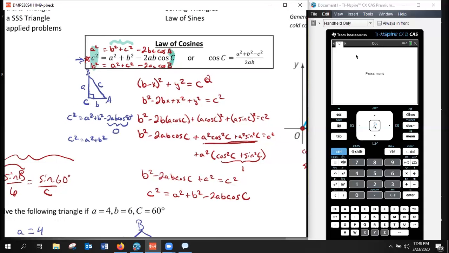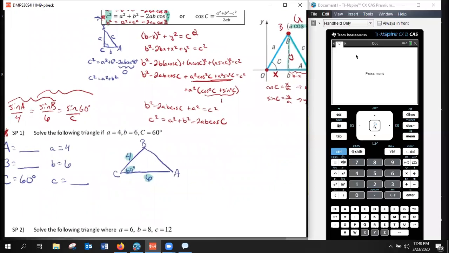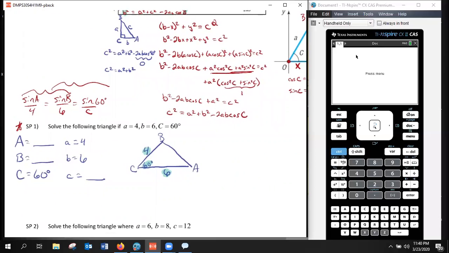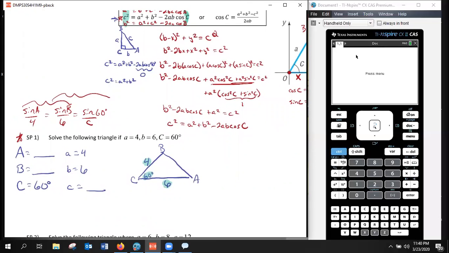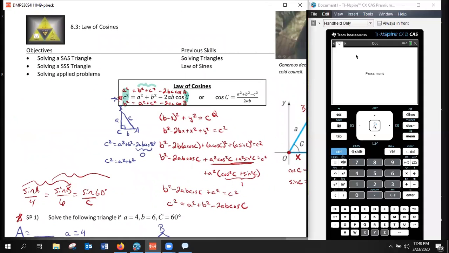So this gives us our opportunity that now we can solve our side angle side triangle, because our goal is we could find all three sides. So this is what we're going to find first. Now, one of the things that we need to remark is the law of cosines is typically used to solve both a side angle side triangle and a side side side triangle, which, if you know from geometry, these are congruences.